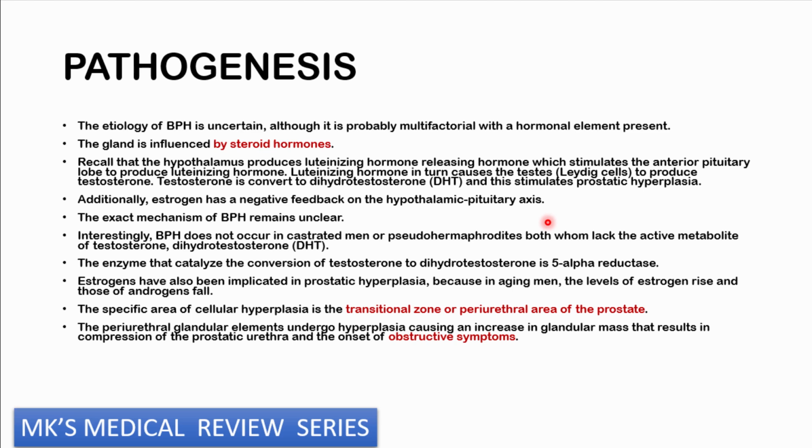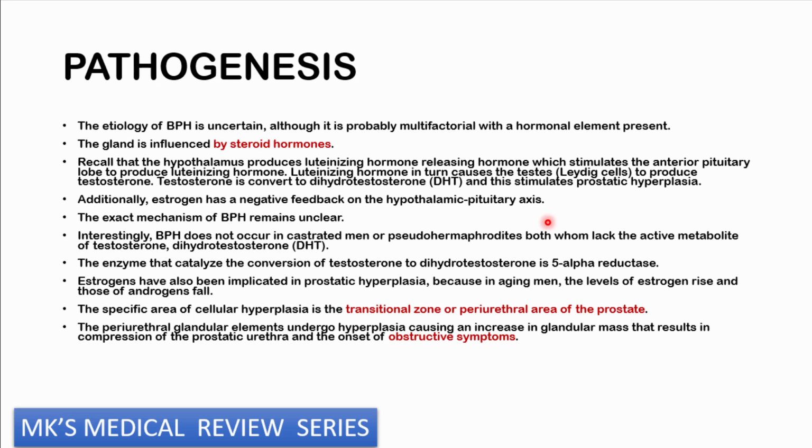In addition to this, we have noted that estrogen has a negative feedback on this axis, which is referred to as the hypothalamic pituitary axis. So the exact mechanism of BPH is very unclear, but what is very interesting is that BPH is not really seen in men that have been castrated.